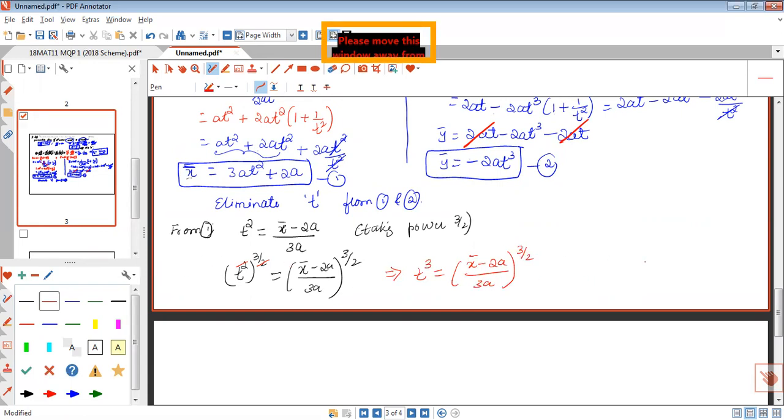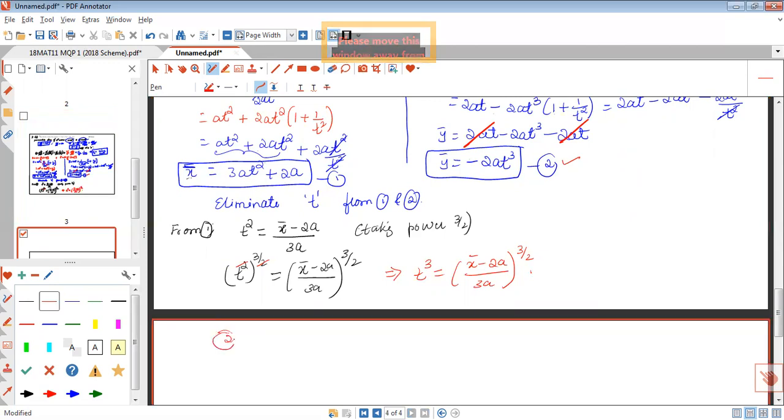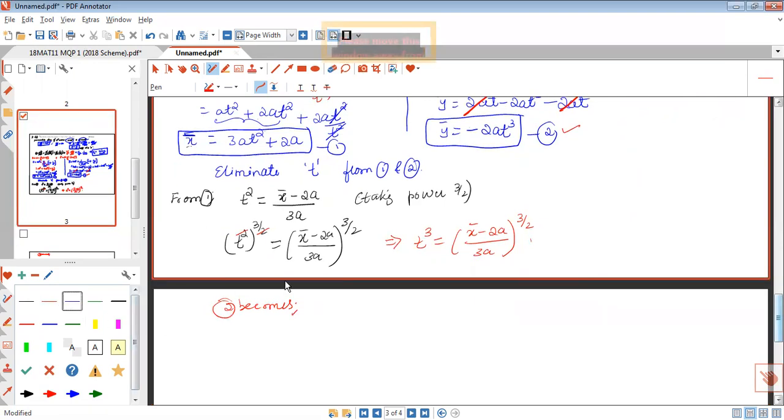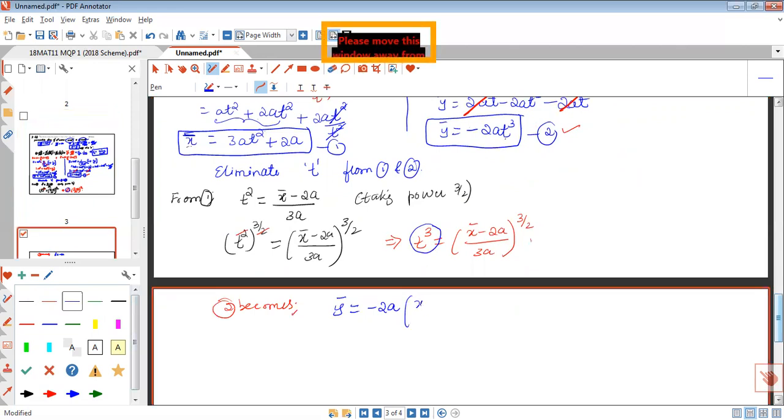Now come back to equation number 2. Substitute this value in equation number 2. That is, equation number 2 becomes y bar equal to minus 2a, the value of t cube, substituting in equation number 2, that is x bar minus 2a divided by 3a to the power 3 by 2.